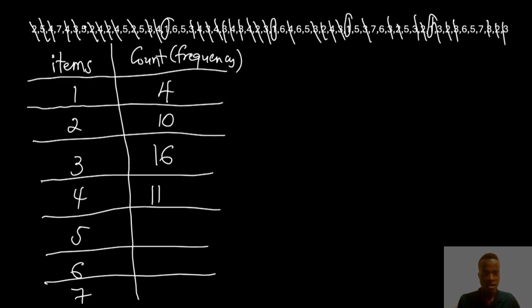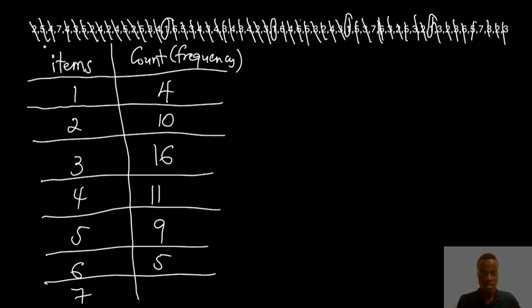Item 5, we have 1, 2, 3, 4, 5, 6, 7, 8, 9. So I have 9 of the 5s. Now you go to 6. You have 1 here, 2, 3, 4, then 5. Yes, I have 5 of the 6s.